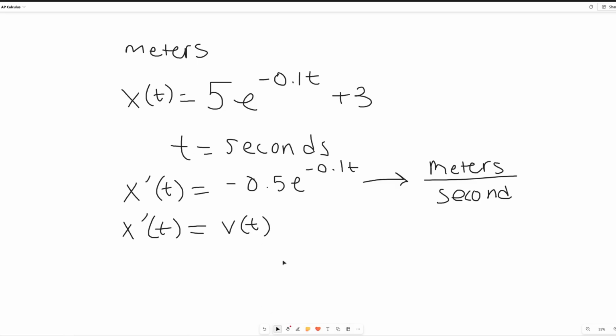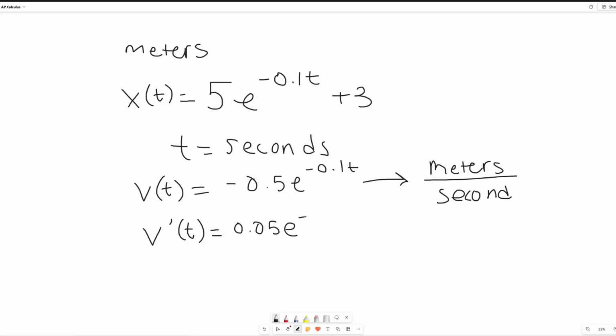Now we take this one step further. This is our x prime of t function, but now knowing what we know, this is our velocity function. Now let's take the derivative again. V prime of t is 0.05 whatever, right?